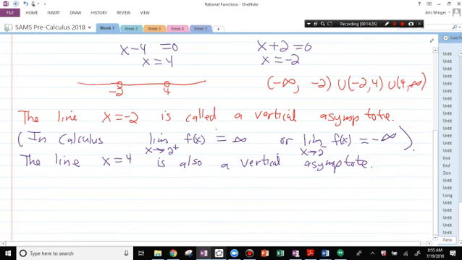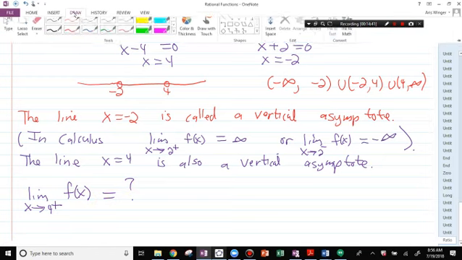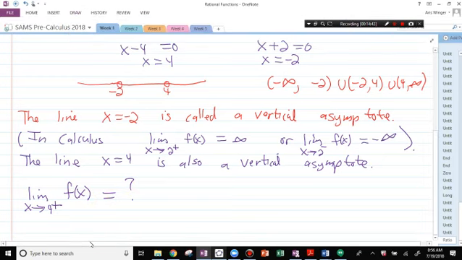We'll take a look at the graph. We'll write this in calculus terms. We'll translate this.